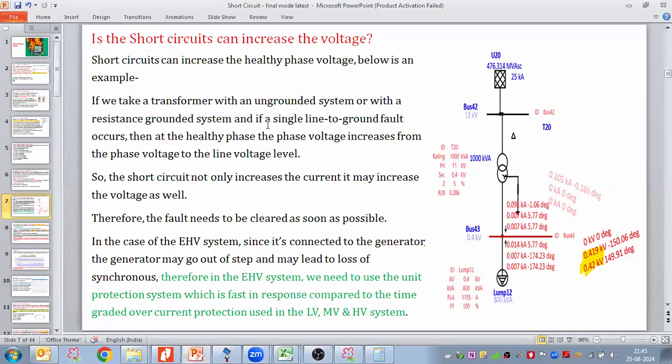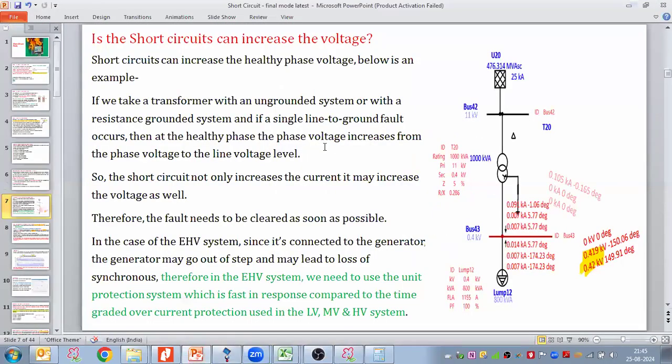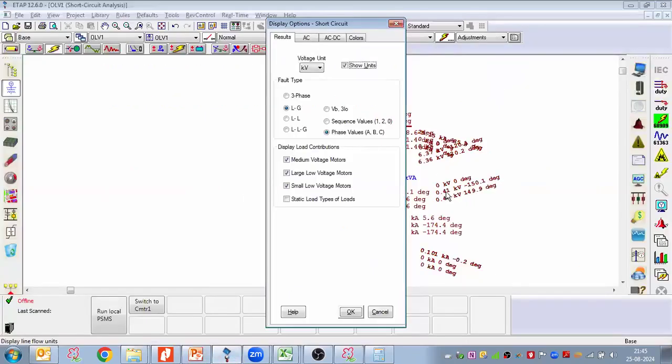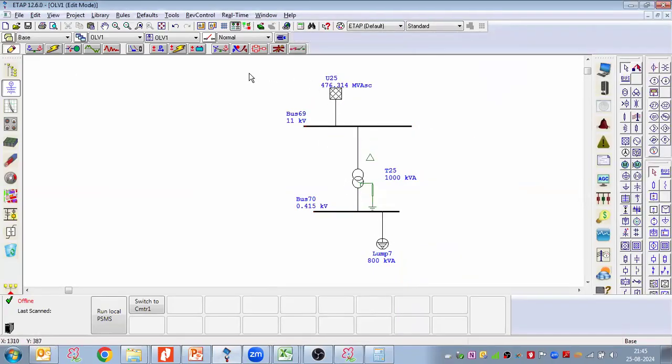Suppose the fault happened on the R phase. Then Y and B were the healthy phases, but on the Y and B phases, the voltage magnitude increased. The phase voltage increases from the phase voltage to the line voltage. That is the statement, and that is the simulation that we can see. Am I making sense?